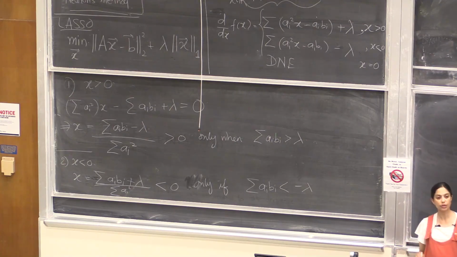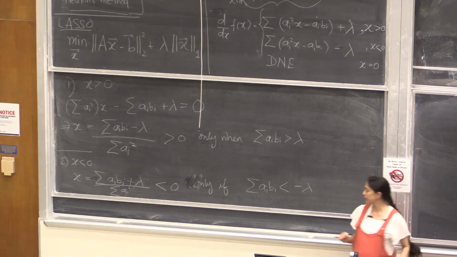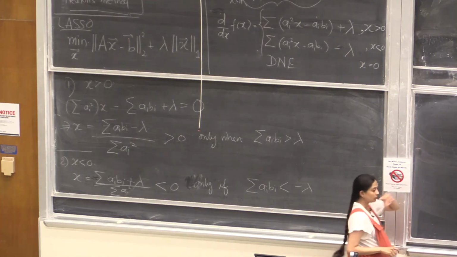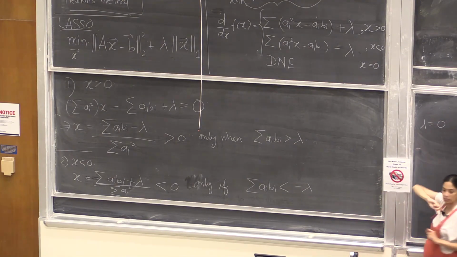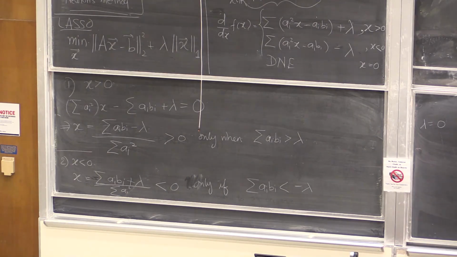So what I want you to now think about is, first, what happens when lambda is equal to 0? Is there any regularizer? No, right? So the solution should just be the least squares solution.